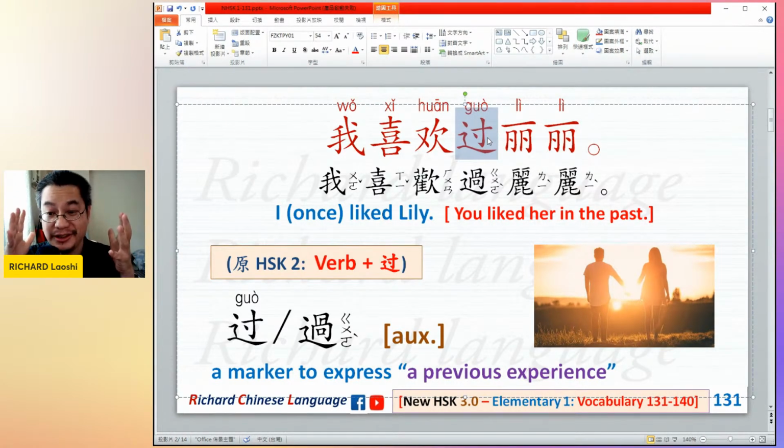In other words, you do not like Lily now because 过 is showing a previous experience. But you liked Lily sometime in the past. Okay, so that's the function of the word 过.